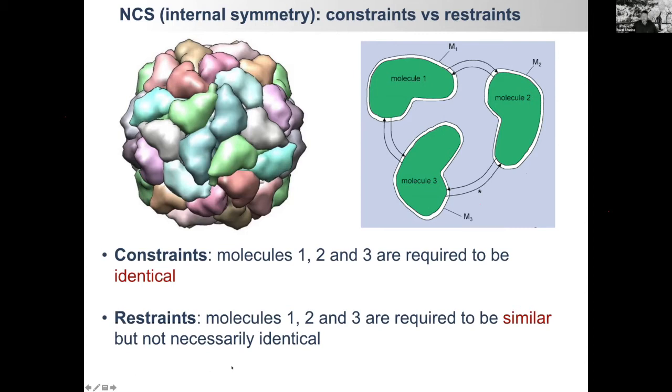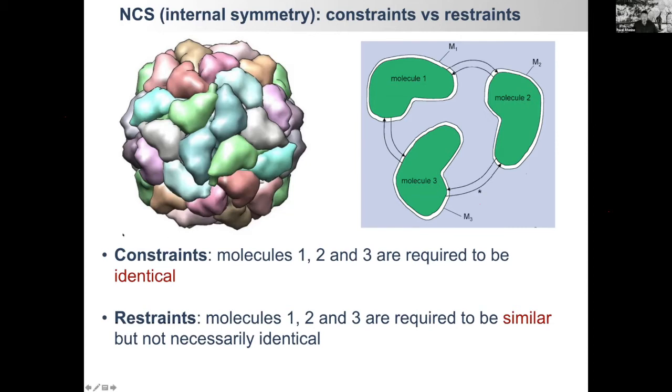Or if the data resolution is relatively low, and by that I mean 3.5 Å and lower, then the differences between copies may not be distinguishable, and you may ask refinement to treat these copies as identical because you don't have experimental data to explain the difference between copies.